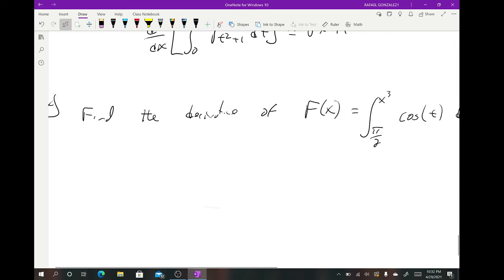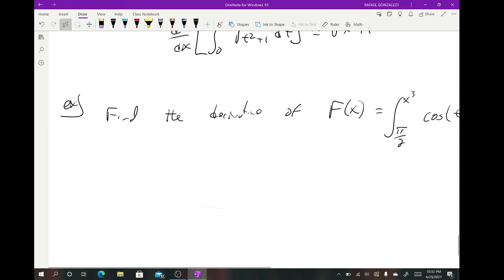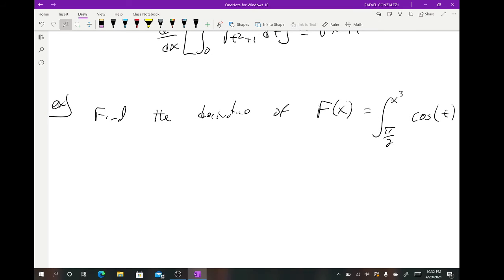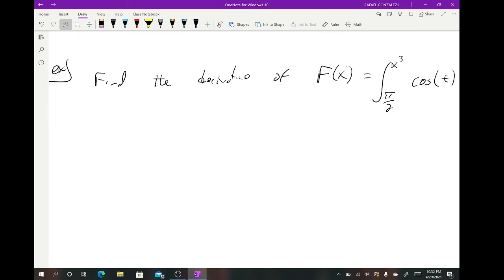Sometimes it is useful to use substitutions, so we could use a substitution here. We have f of x equals the integral from pi over 2 to x cubed of cosine of t dt.